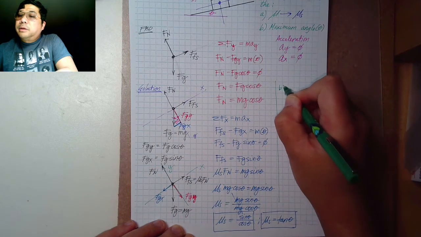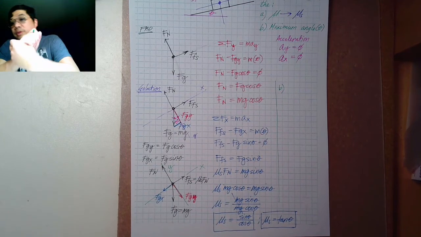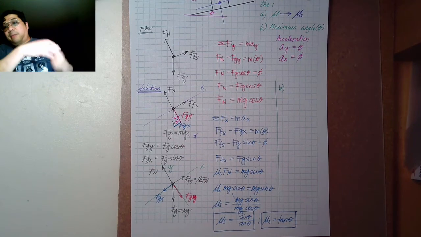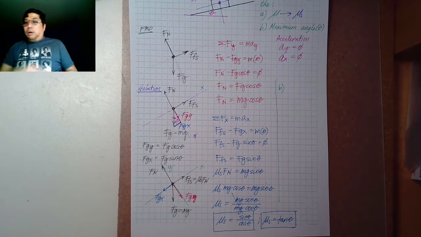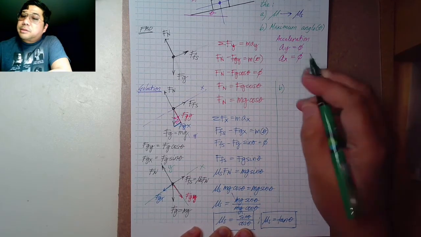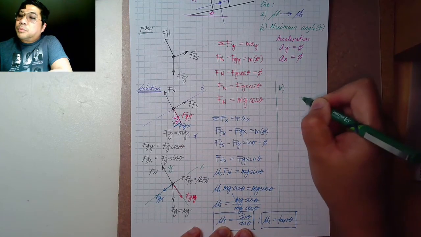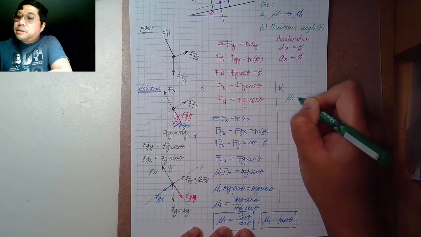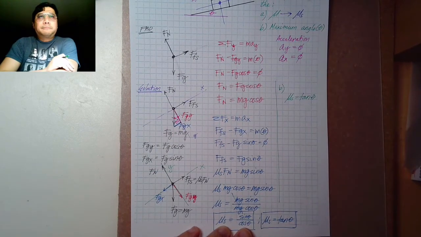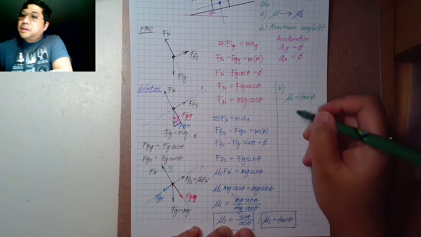So for letter B, in order to prevent it from moving, we need the equal amount of force acting along the x-axis, so it will not slide, it will not move. We can figure out the angle using mu s equals tangent theta. But what is theta?